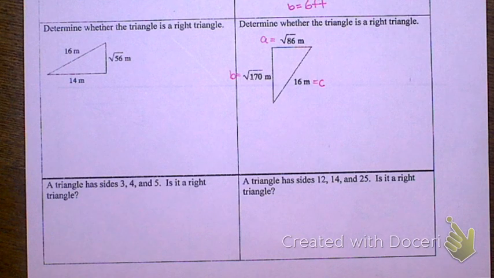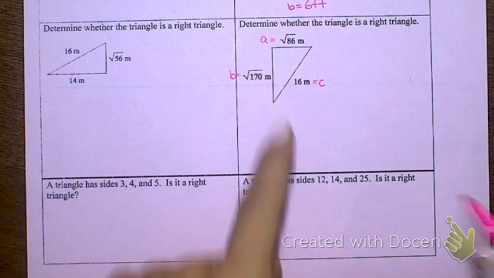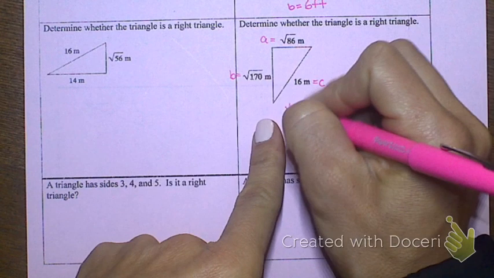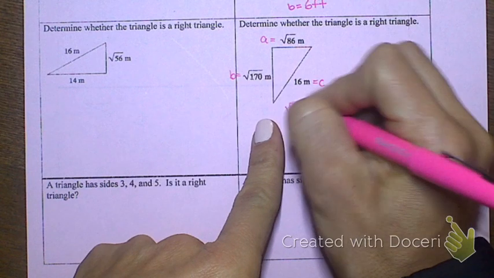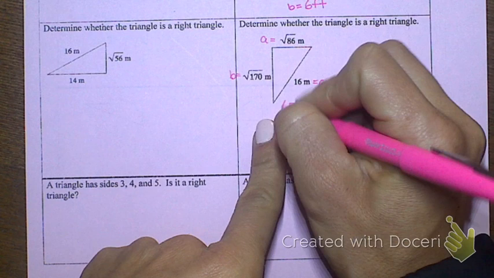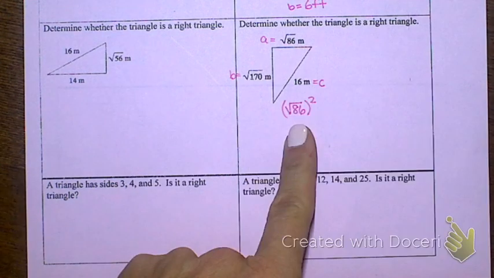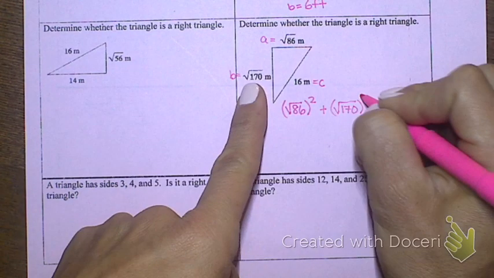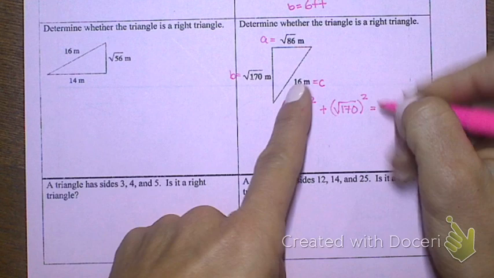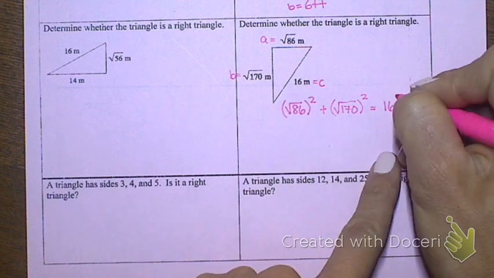So let's plug this into a squared. We're going to do the square root of 86 squared, because that's a, plus b squared, so the square root of 170 squared, equals c squared. So equals 16 squared.